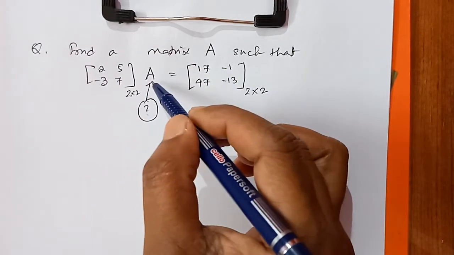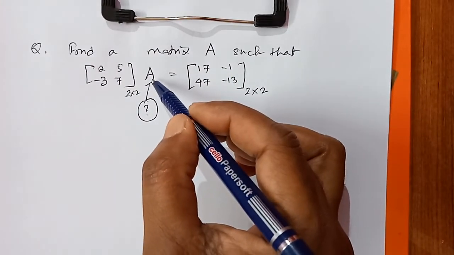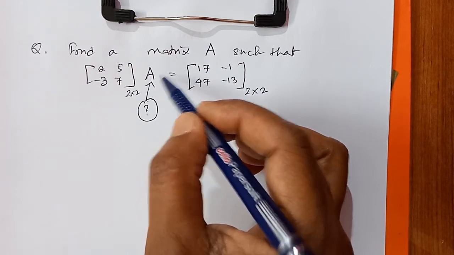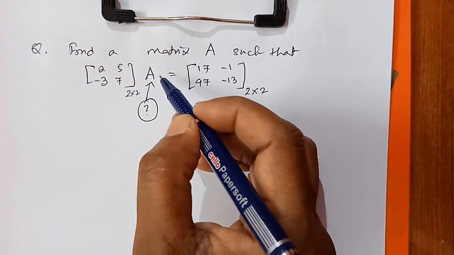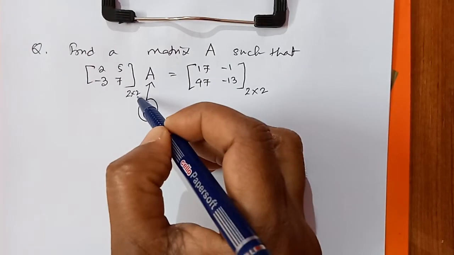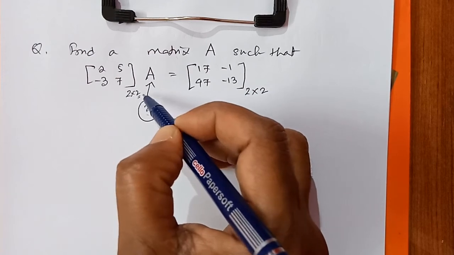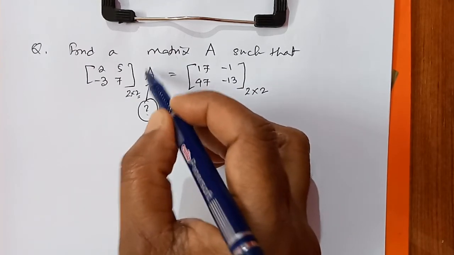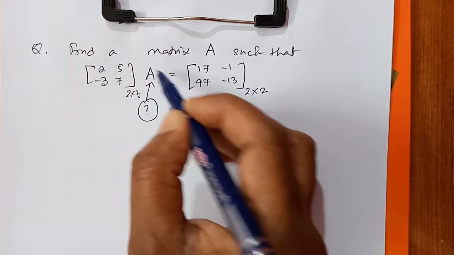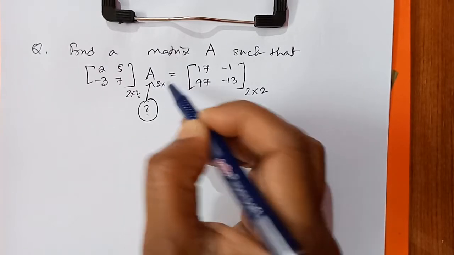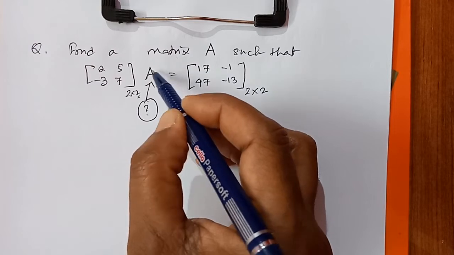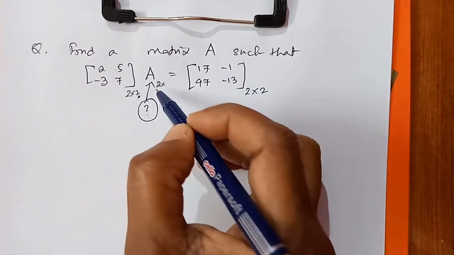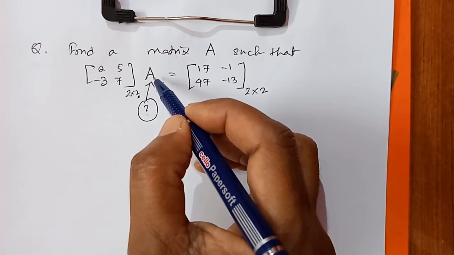Now to make the product valid on the left hand side, you have to adjust the order of matrix A. To find the product, the second number of the order of the first matrix must be the same as the first number of the order of the second matrix. So matrix A must have 2 rows. Then the product is valid here.